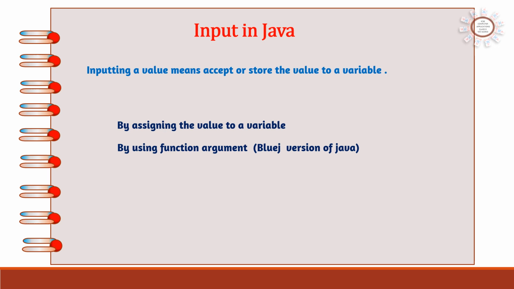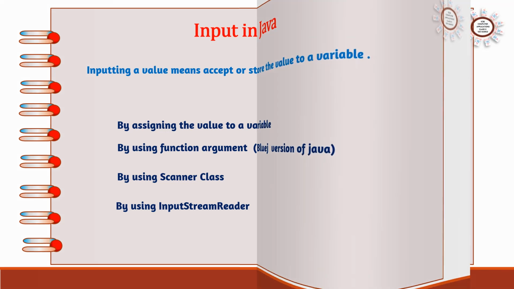For example, public static void main(int a). So int a we are putting in brackets. So by using the function argument we are accepting the value. And third one is by using scanner class and then by using input stream. So these are the different types of accepting or storing the data in a variable.